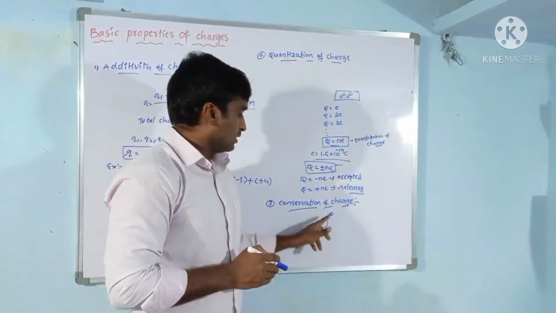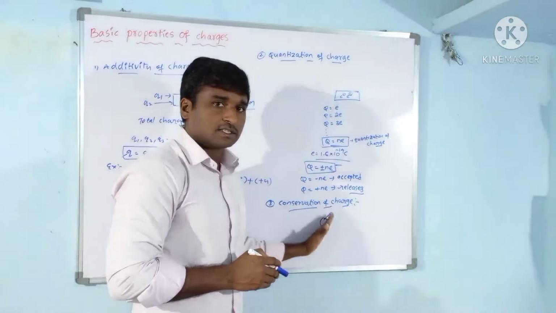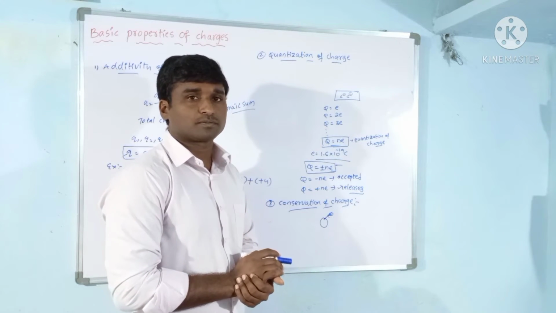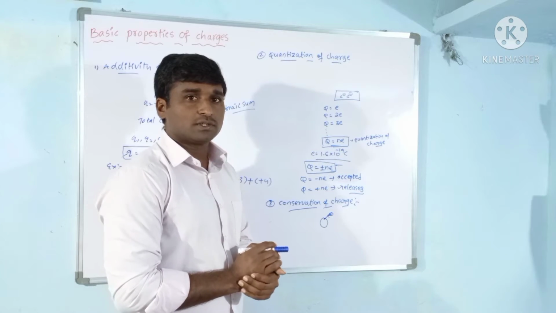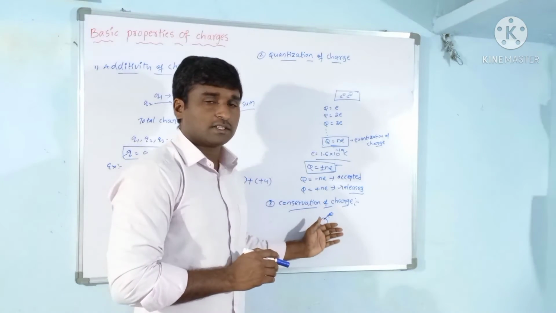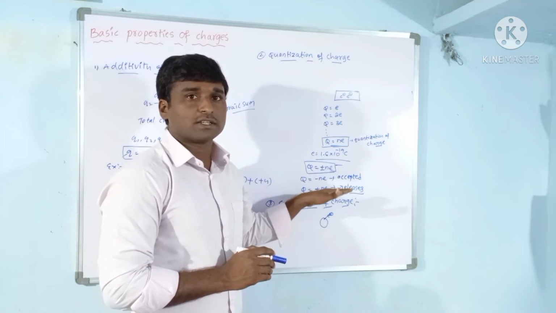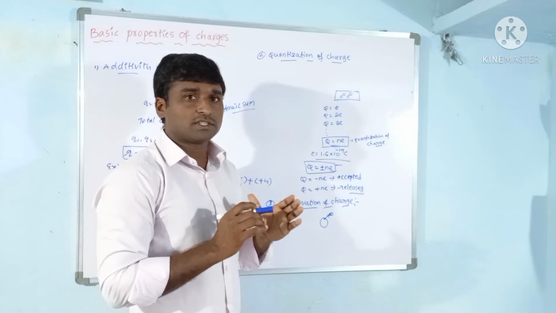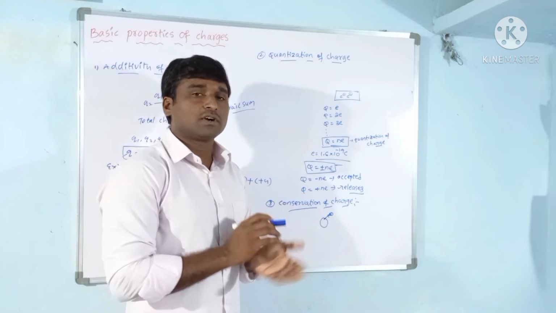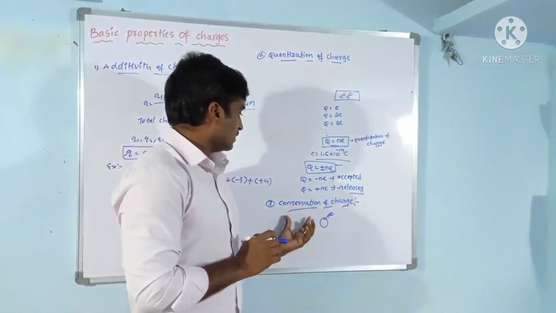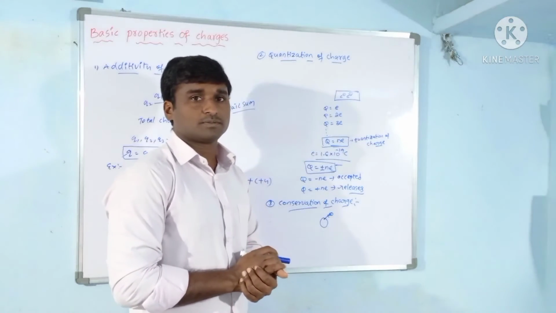When this body loses some electrons, these electrons are accepted by another body. So there is no destruction of charge. Charge is not destroyed, charge is not created, charge can transfer from one body to another body. That is called conservation of charge.